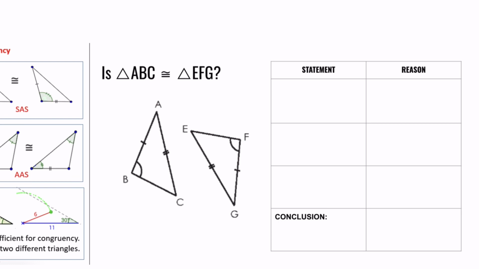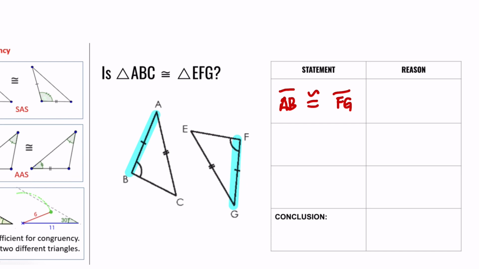Okay, so if you notice, this line AB has one stroke, and line FG also has one stroke. So we can say that line AB and line FG are congruent. Okay, so let's write that. Line AB is congruent to line FG.